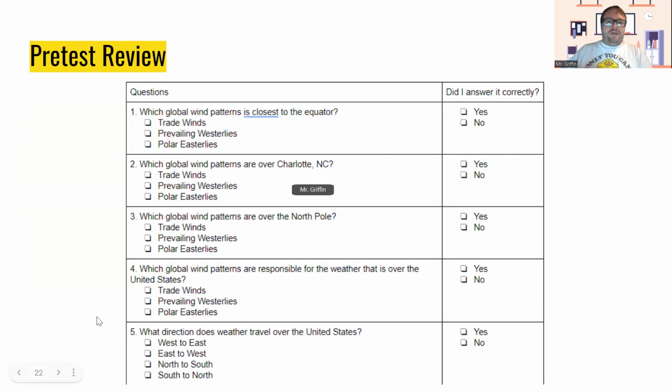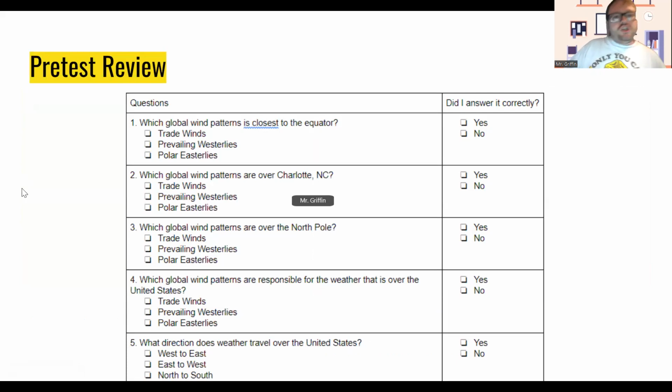So to look at these questions again real quick, just to make sure we understand the correct answers. So I'm just gonna get a little check mark here. All right. So which global winds are closest to the equator? That is the trade winds. Which global wind patterns are over Charlotte, North Carolina?